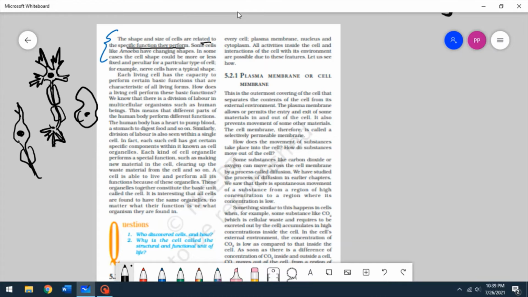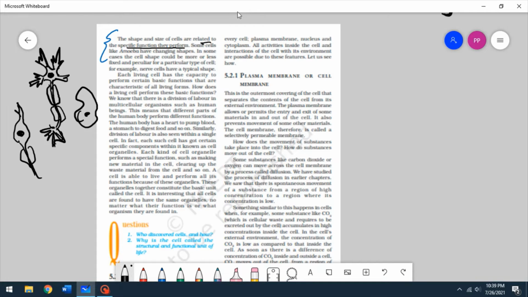Alright. Each living cell has the capacity to perform certain basic functions that are characteristic of all living forms. And how does a cell perform these basic functions? We know that there is a division of labor in multicellular organisms, so that was what I was talking about. There are specific groups of cells that each have a unique function.